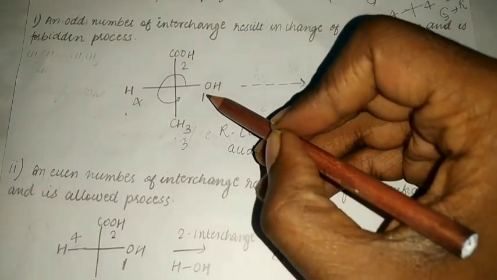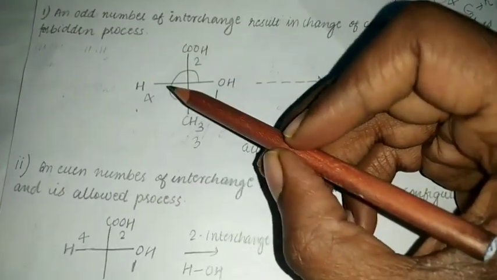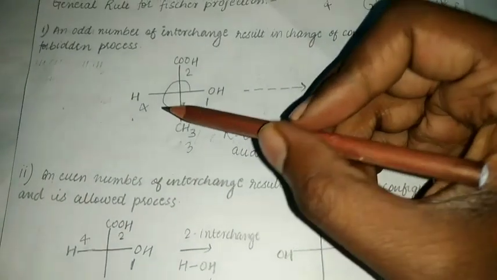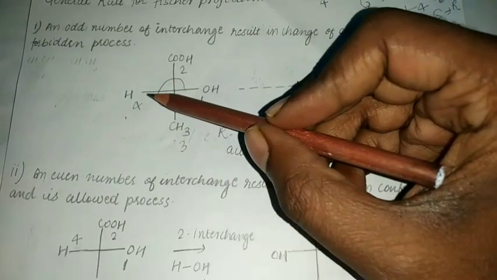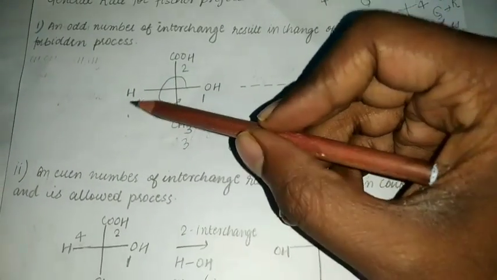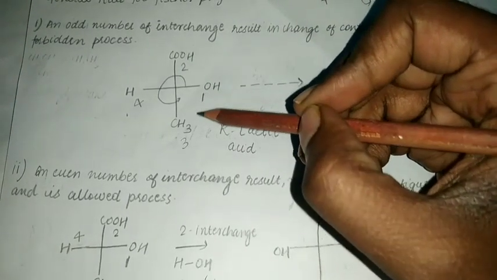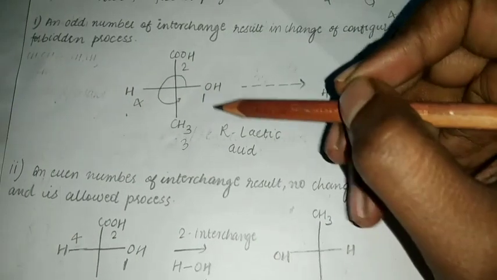So 1, 2, 3, 4. We first have to see where the fourth group is assigned. The fourth group is assigned here on the left side. Now, if it is on the left side of the molecule, then we have to see how the first, second and third groups are arranged.